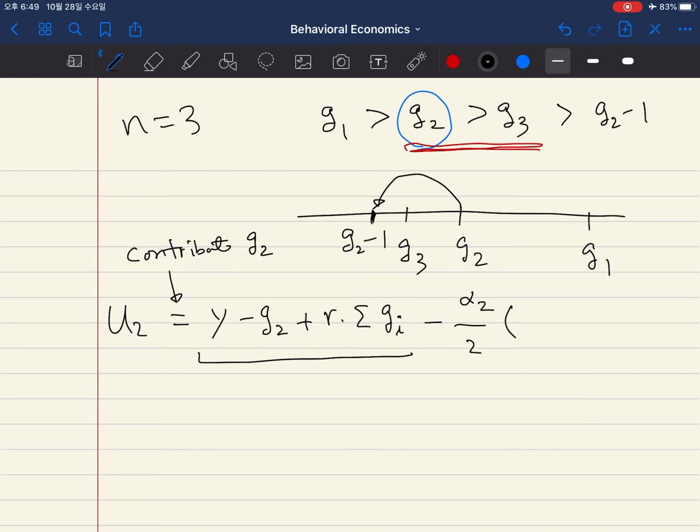The second individual is going to feel envy about the third individual because he's contributing more than the third individual. And beta. As we can see here, we know that the second individual feels compassion about the first individual.